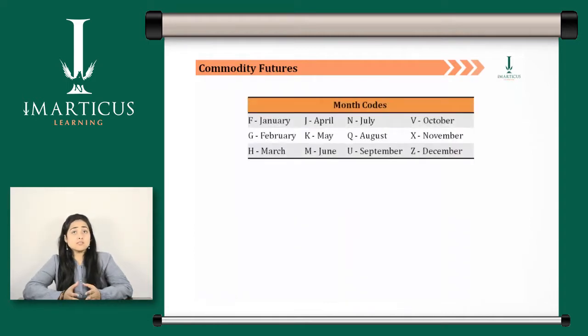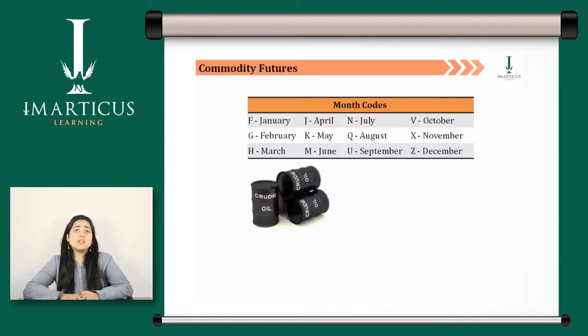The delivery months are referred to using unique alphabetical codes as shown on the screen. Note that these codes do not correspond to the first letters of each month and instead are an entirely random selection of codes.